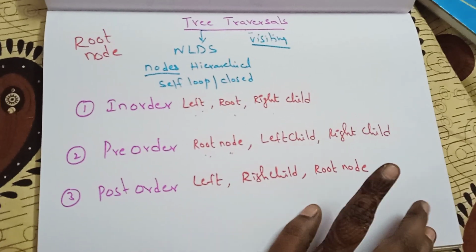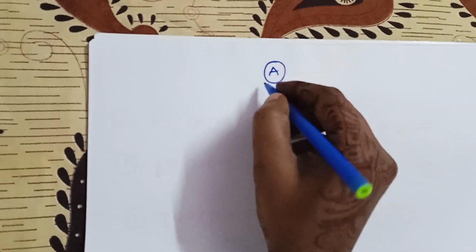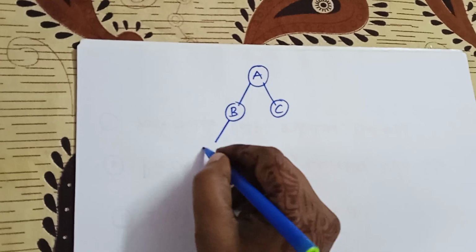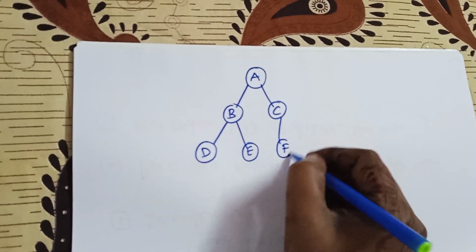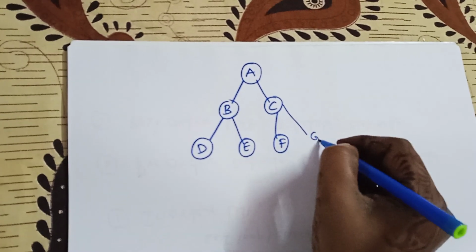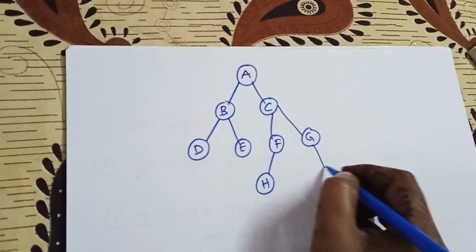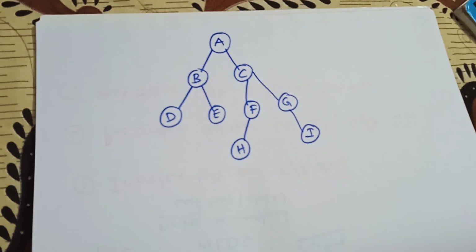Now let's see some examples for better understanding. Now I have a tree. Now I'm drawing a tree here. So I am taking a binary tree.